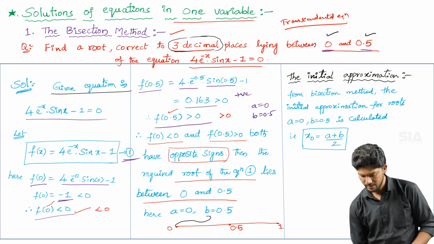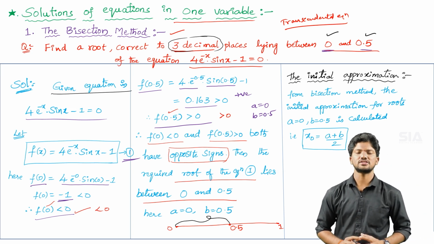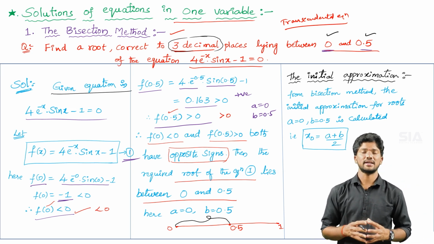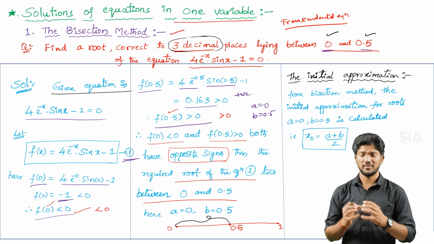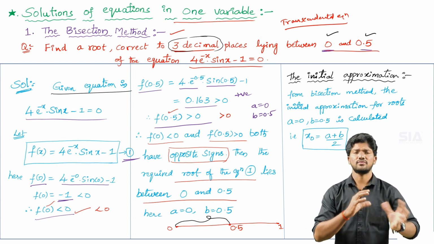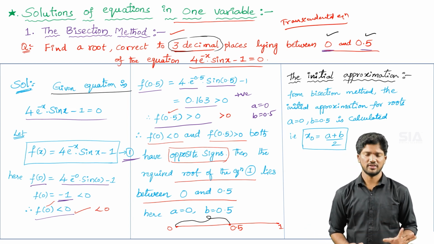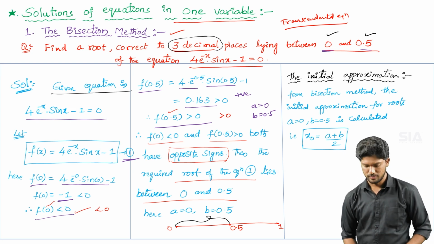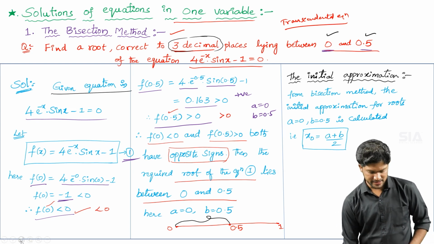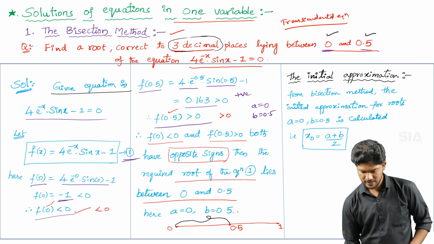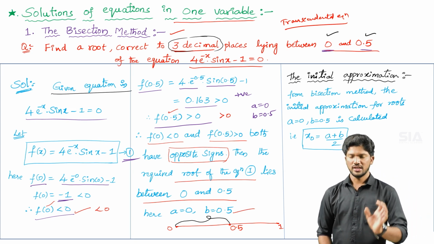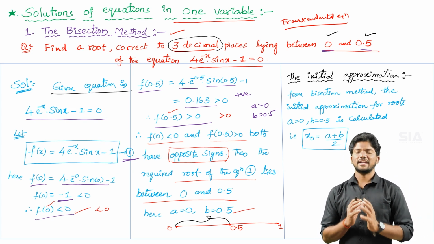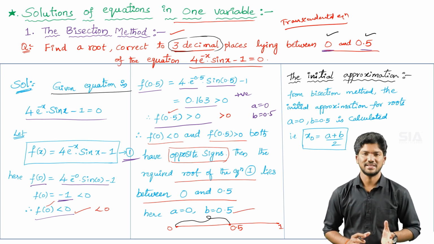In between 0 and 0.5, it might be 0.345, 0.467, 0.543, whatever it may be, the required root exists between 0 and 0.5. So here a is equal to 0 and b is equal to 0.5. Now I am starting the iterations or approximations.